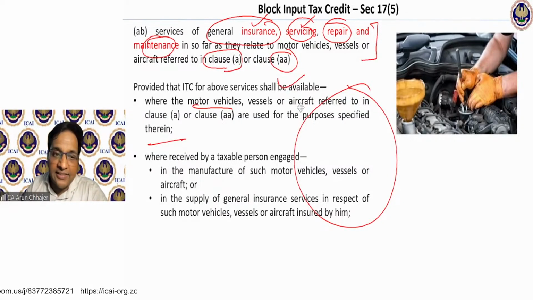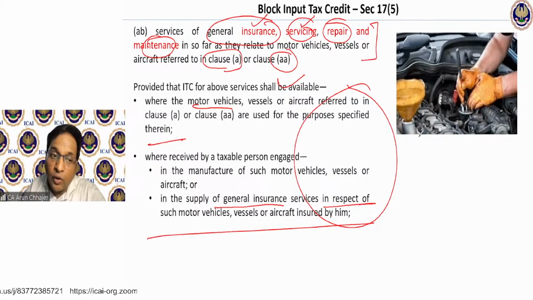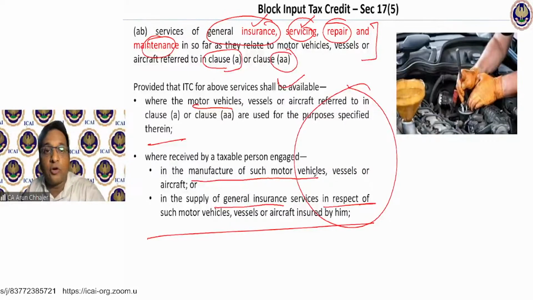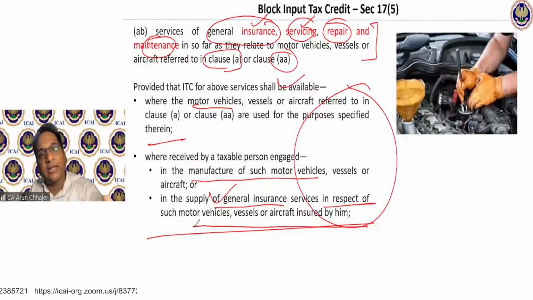Now they are saying supply the general insurance in respect of such motor vehicle, vessel, and aircraft. If you are doing the manufacturing of that motor vehicle, let's say you are Maruti Industries Limited, you are manufacturing that motor vehicle, but you have taken certain insurance, repair, maintenance, you can take the ITC. They are saying if you are supplying the general insurance service in respect of that motor vehicle, so it means you have outward supplied the insurance, then inward supply of the insurance, ITC would be allowed.